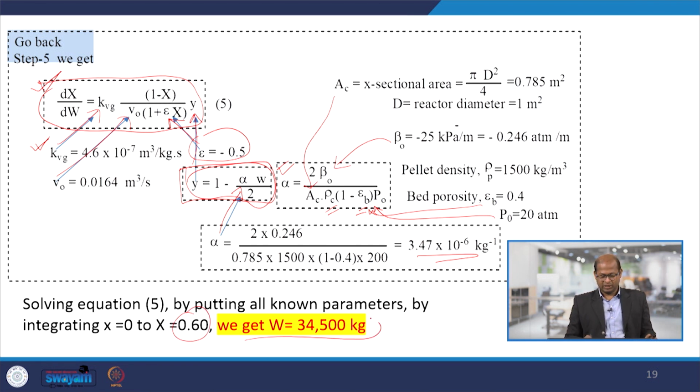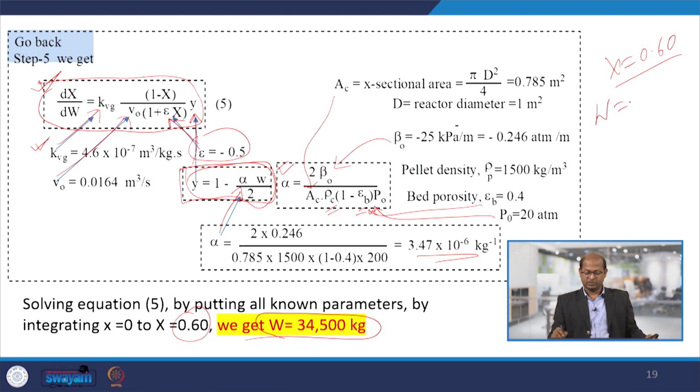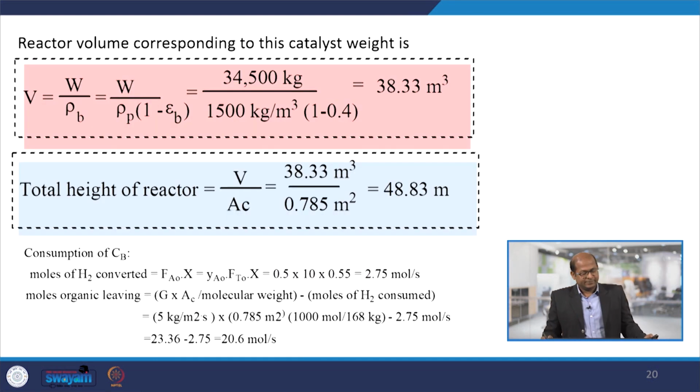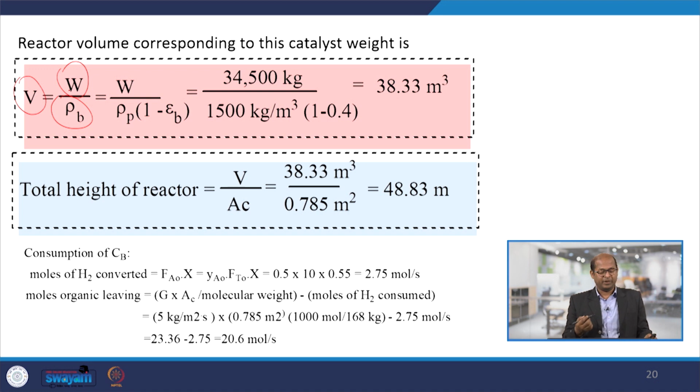Then we can find that amount of catalyst weight W, let us say for x equal to 60% conversion, if you want that for this particular reaction. So how much catalyst is required? After solving this we get that amount of catalyst, which we have to put inside the reactor to get this higher conversion. Now for the reactor volume: reactor volume is catalyst weight divided by the density of the bed.